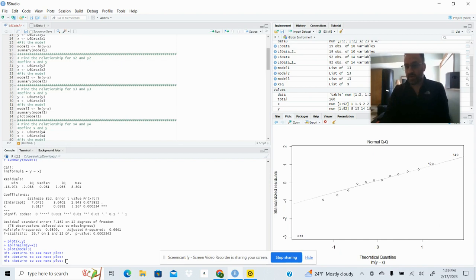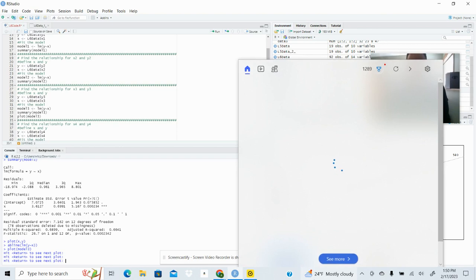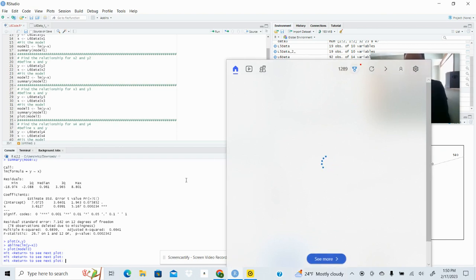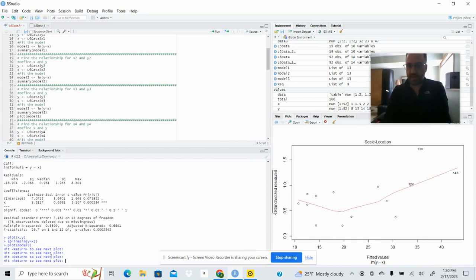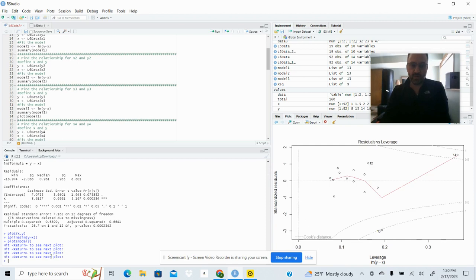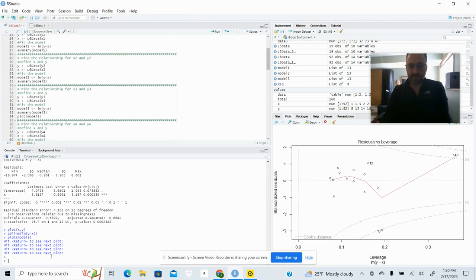It does a normal probability plot, which you see all the lines are close to that. And it does the square root of the standardized residuals, and it does residuals versus the leverage plot. So it doesn't necessarily do what you would think it would do.